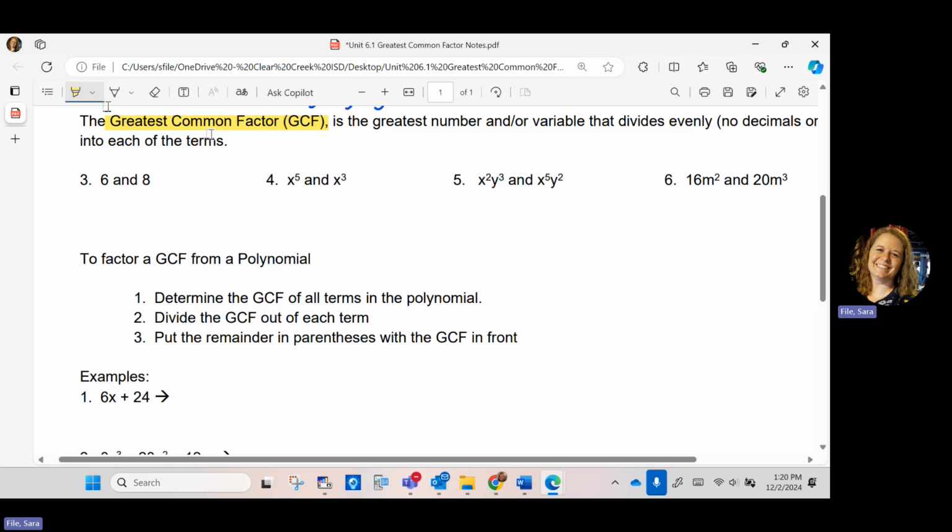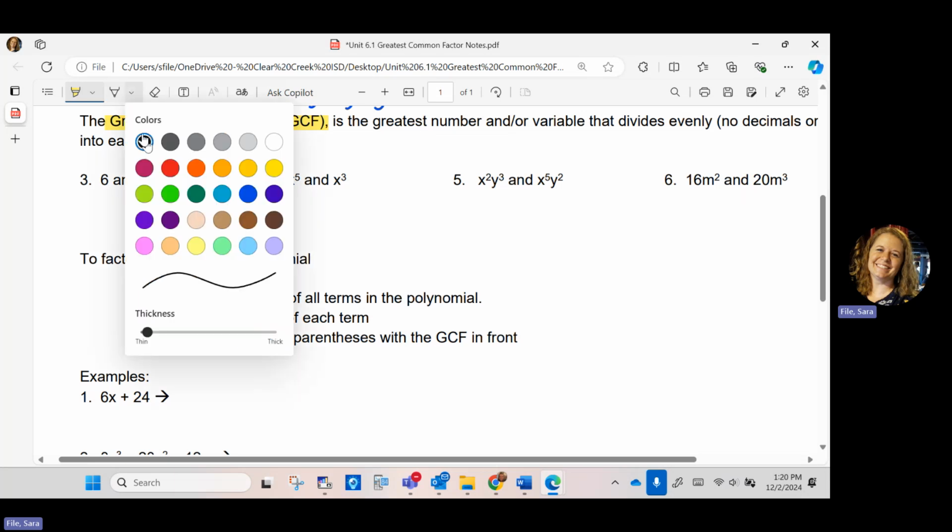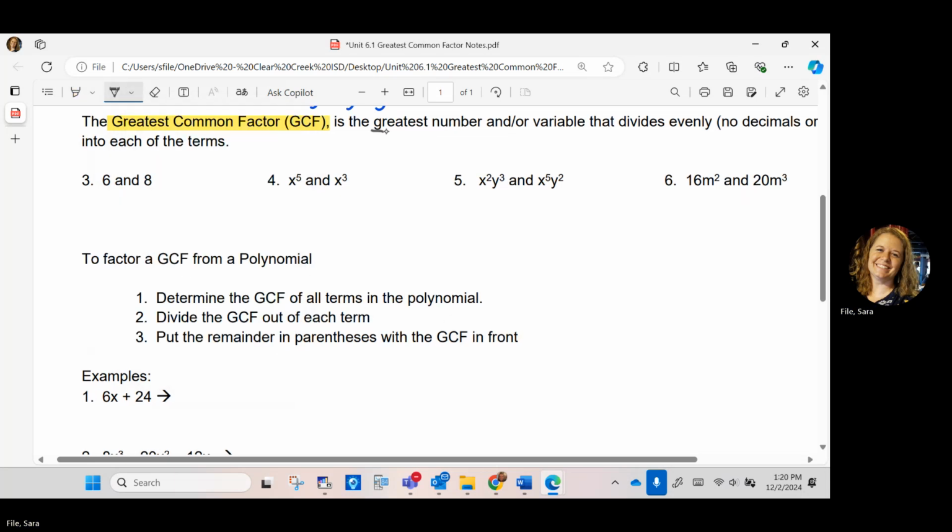Okay, so there's going to be multiple terms. We need to find a factor that they have in common, and we want the biggest one that they have in common. So the greatest number, if you want to write biggest in place of greatest, biggest number and or variable, sometimes we're dealing with x's and y's too, that would divide evenly.